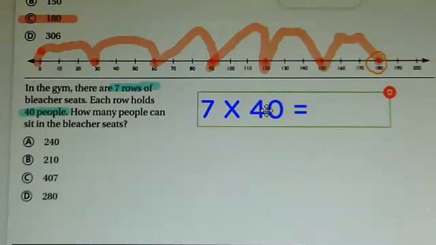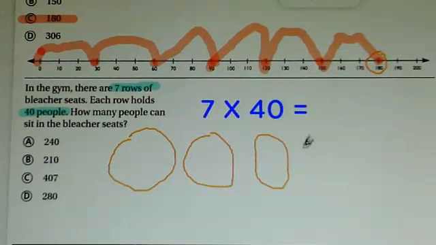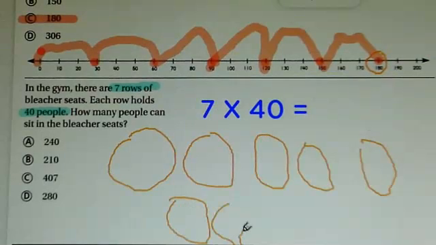I can break this into 4 groups of 10. So I'm going to grab my pen tool, and I need 7 of those groups. There are 7 groups. And then I need to put 40 in each one of these.